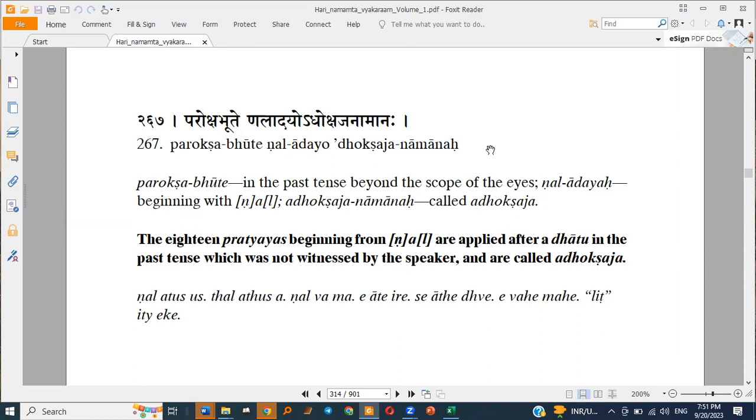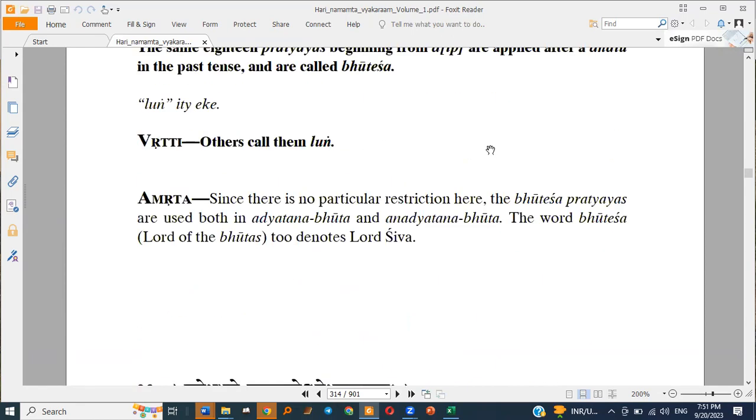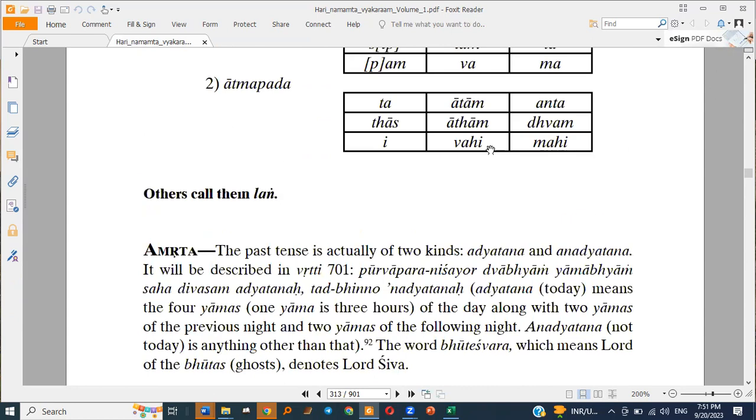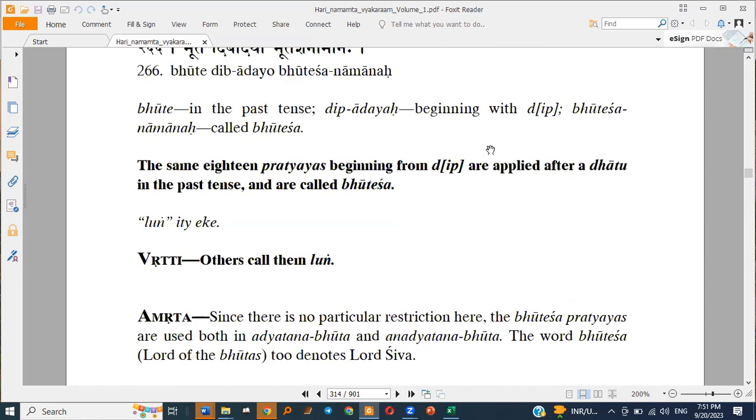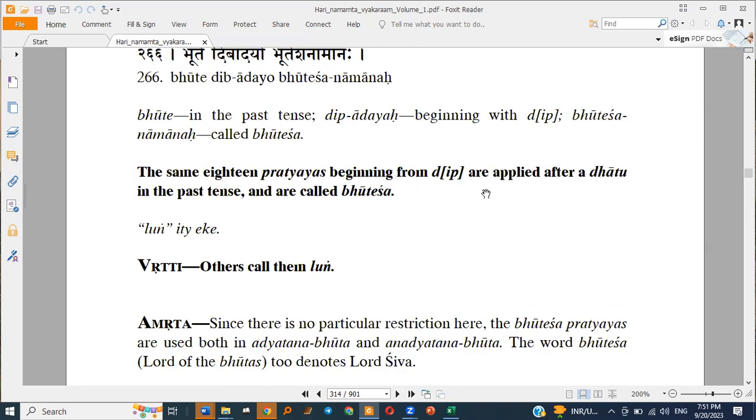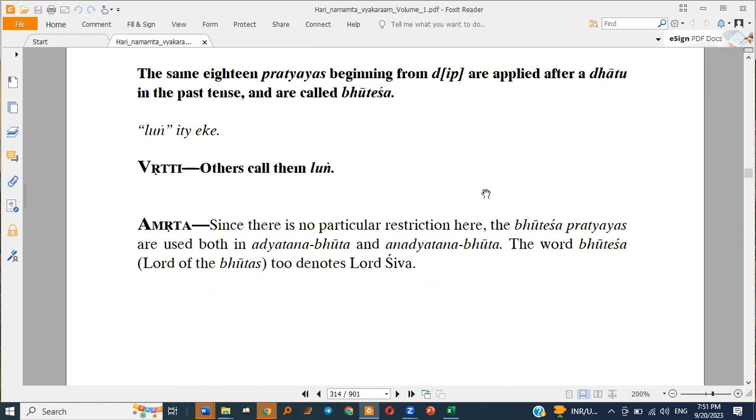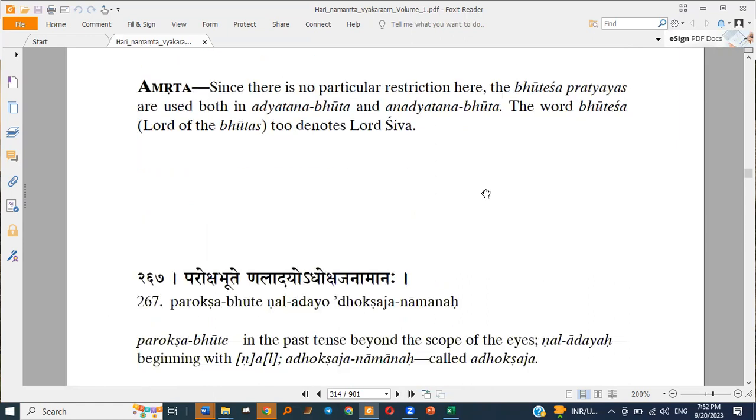Third one was the Vidhatri Pratyas, the Lot Lakara in Prerana Artha, in blessing sense and so on. The fourth one was Bhuteshwara, which was Lang Lakara in the past tense, not of the same day. And then the next one was the Bhutesha, which is also past tense, could be of the same day or not of the same day, Lung Lakar.